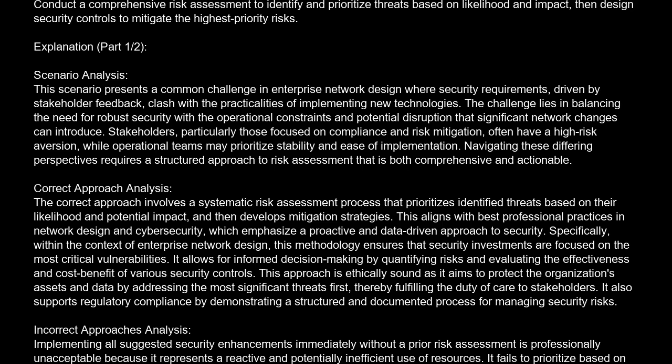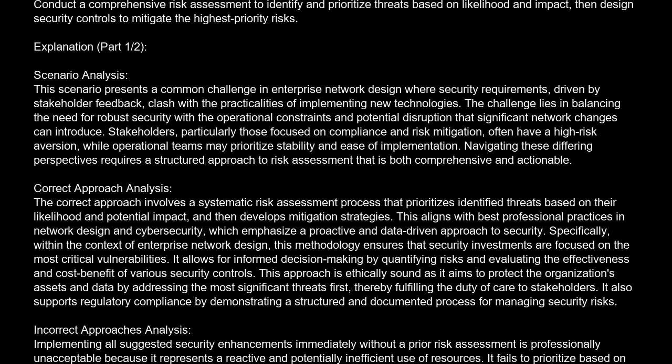It allows for informed decision-making by quantifying risks and evaluating the effectiveness and cost-benefit of various security controls. This approach is ethically sound, as it aims to protect the organization's assets and data by addressing the most significant threats first, thereby fulfilling the duty of care to stakeholders. It also supports regulatory compliance by demonstrating a structured and documented process for managing security risks.